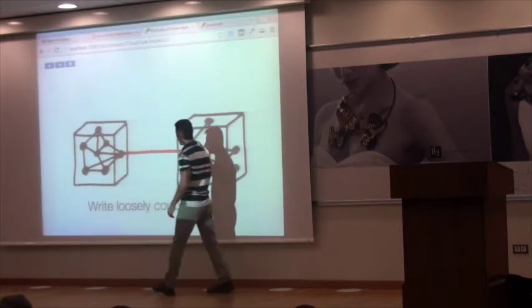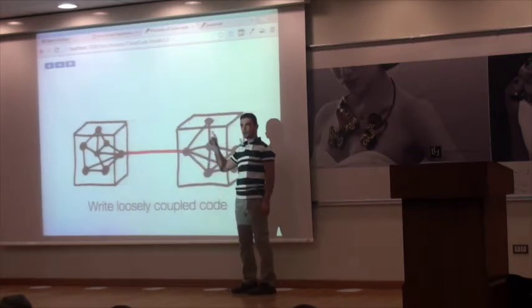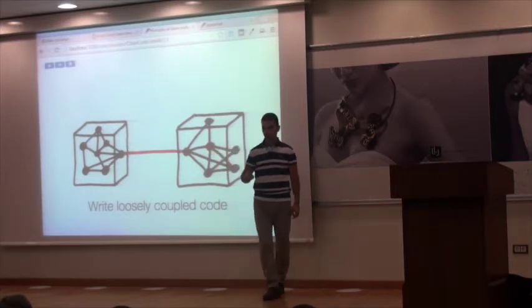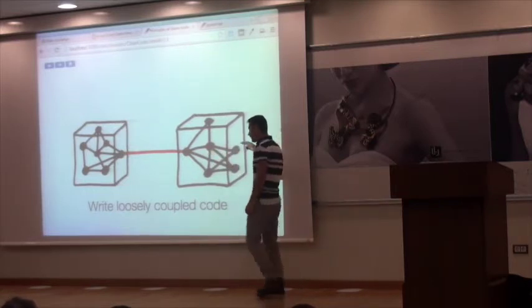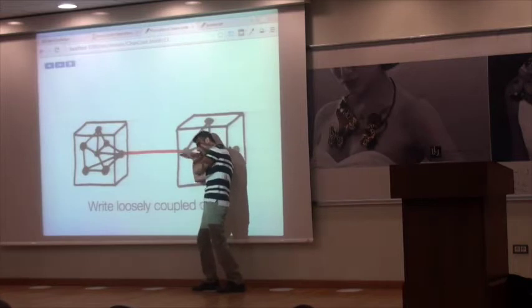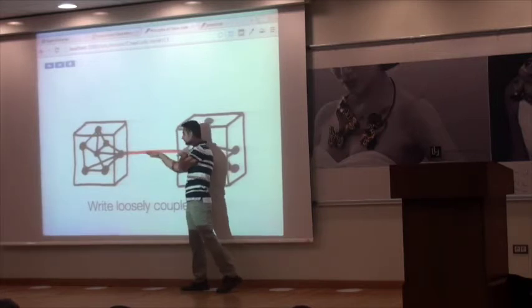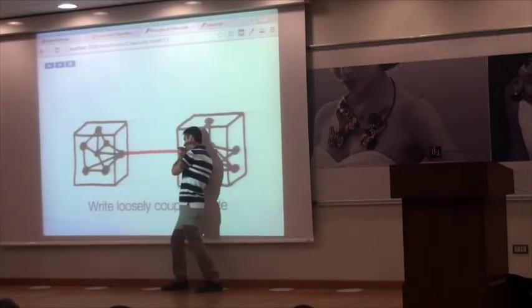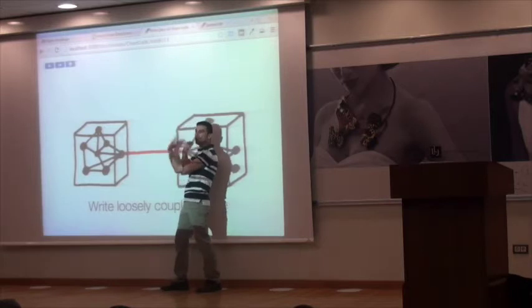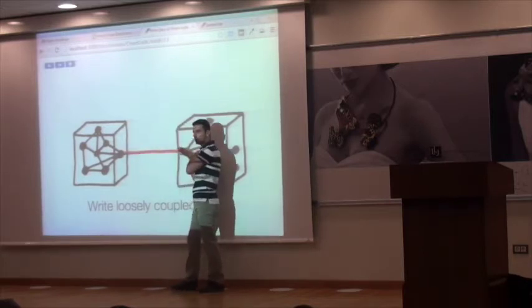This is a module, and this is a module. Modules need to communicate with each other, right? That channel of communication, this window through which they communicate, is generally referred to as the API. It's the application interface that we're using to interface between modules.